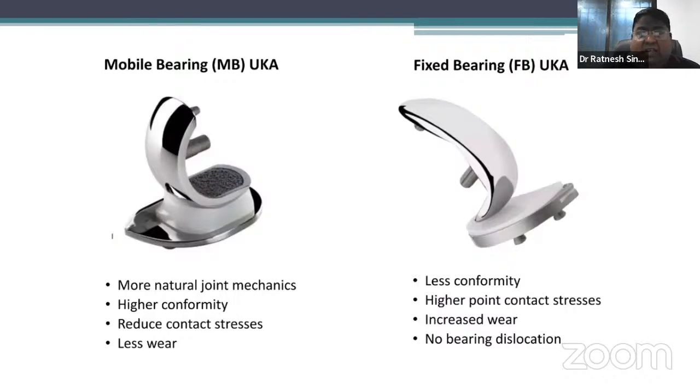The mobile bearing or Oxford knee has almost 40-50 years of follow-up, and they are doing quite well. The average life is 15 to 20 years. It's doing very well. Revision rate at 15 years is even up to 10% for the mobile bearing Oxford knee.